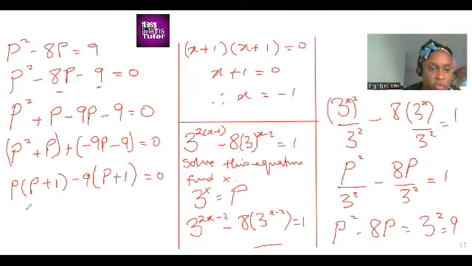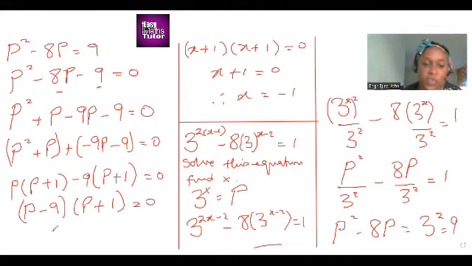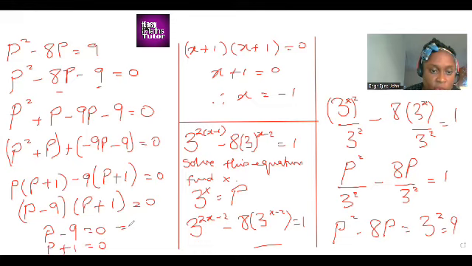If we group this up, we have p minus 9 bracket p plus 1 equal to 0. So we have two equations: p minus 9 equal to 0, and p plus 1 equal to 0. Therefore, p will be 9, and p will be minus 1.